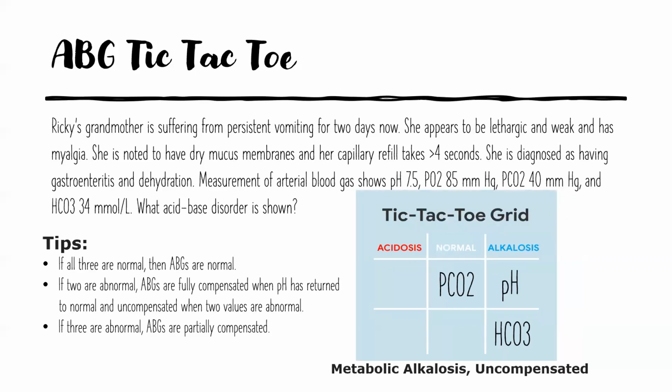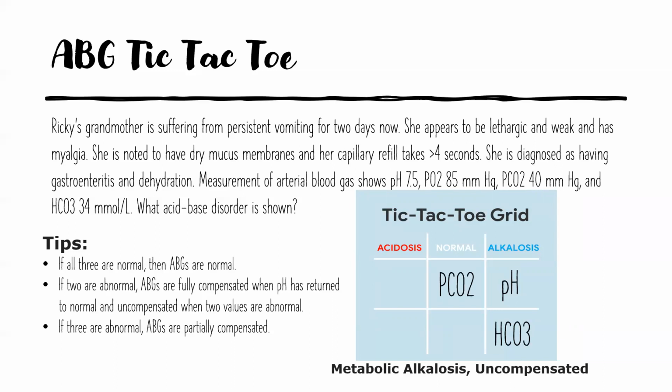All right, here is the answer. The PCO2 value is actually within normal range at 40, because the normal range of PCO2 is 35 to 45. Our pH is showing that this patient is alkalotic, or in alkalosis, because the normal pH range is 7.35 to 7.45.